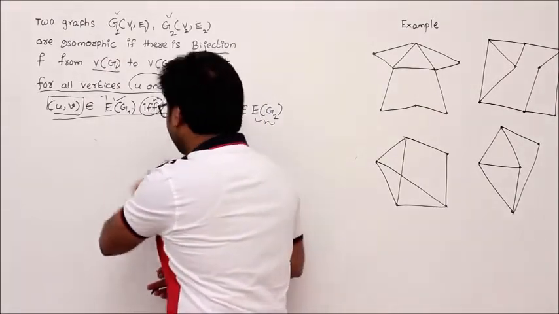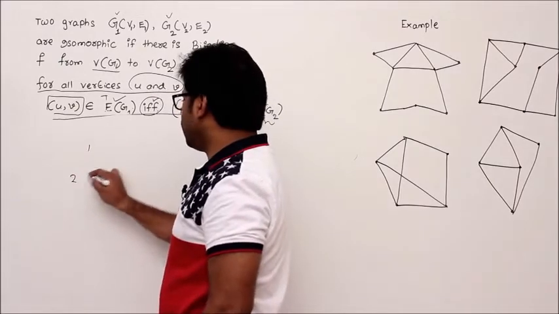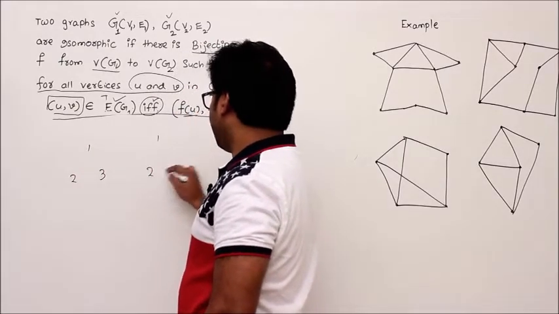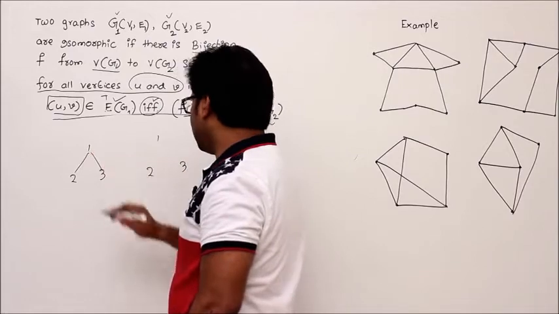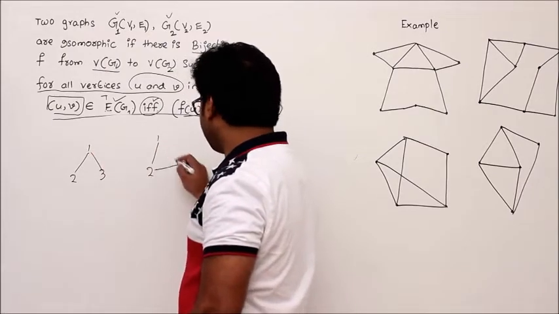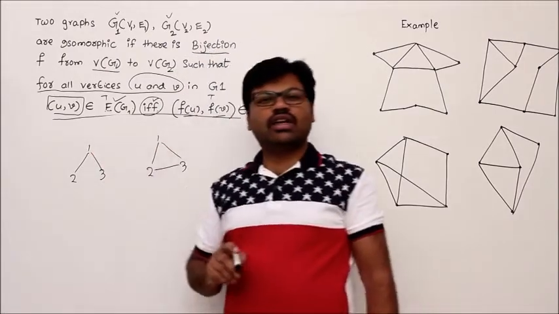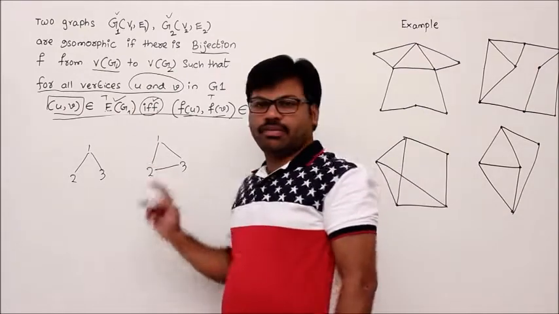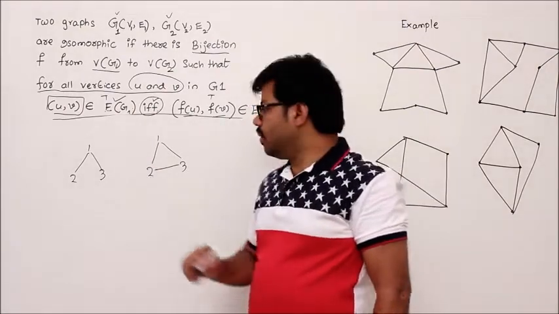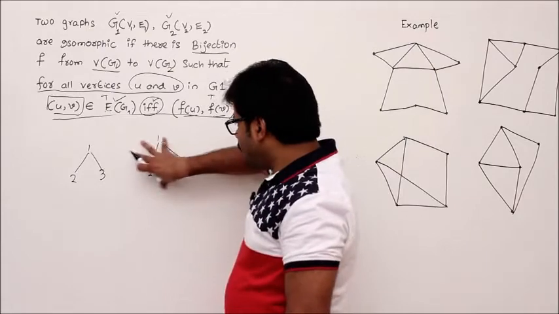First thing, for example, you have a graph with 3 vertices and there is another graph with 3 vertices, but it is like this, and the second one is like this. Then definitely these two graphs are not isomorphic because you can't get a mapping. Why? Because they don't have the same structure.